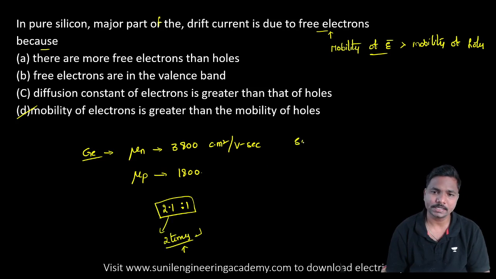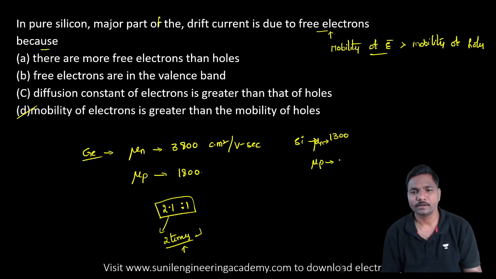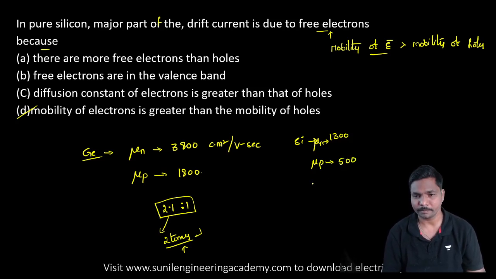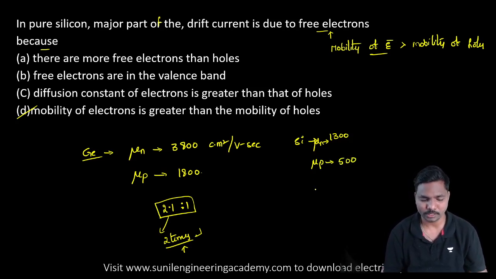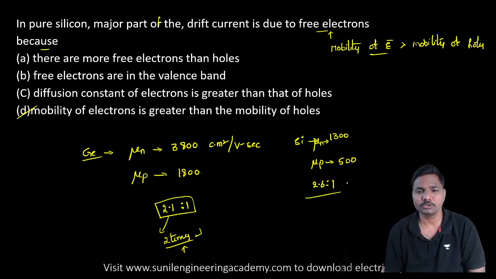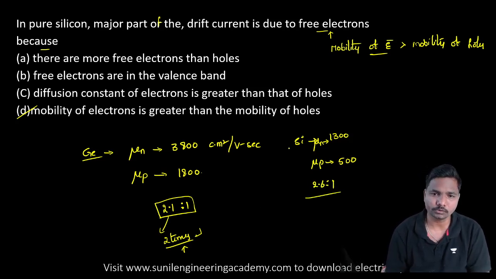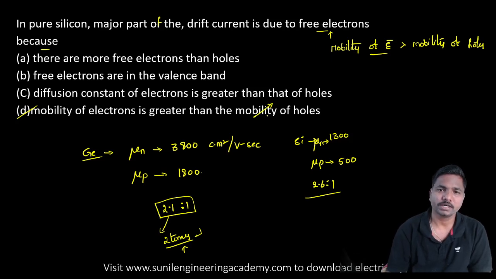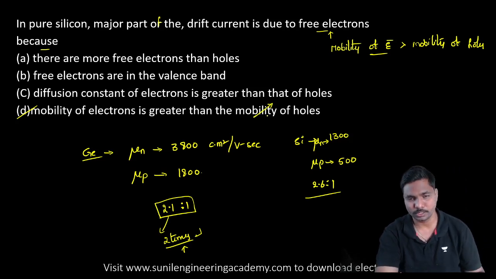If you consider silicon, the mobility of electrons is of the order of 1300, and the mobility of holes is of the order of 500, I think. That gives approximately 2.6:1, so almost 2 or more than 2. That is why most of the current is due to free electrons only.